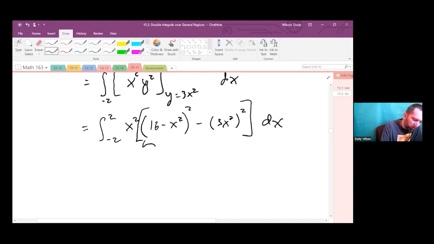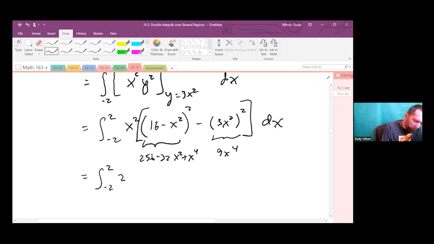So notice that 16 minus x squared squared would be 256 minus 32x squared plus x to the fourth. And 3x squared squared would be 9x to the fourth. So we have a total of the integral from -2 to 2.